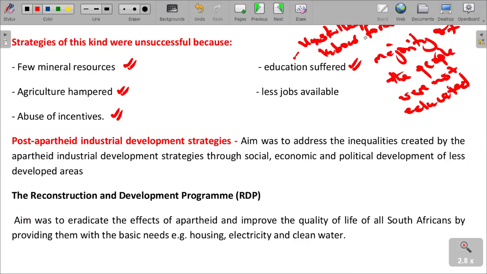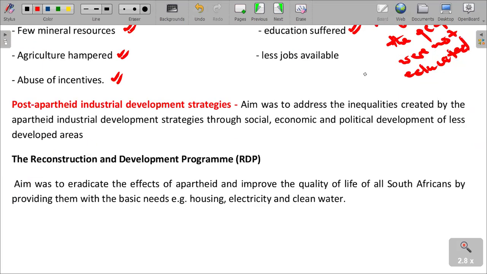And then, post-apartheid industrial development strategies, the aim was to address the inequalities, the differences, the gaps between the blacks and the whites created by the apartheid industrial development strategies.